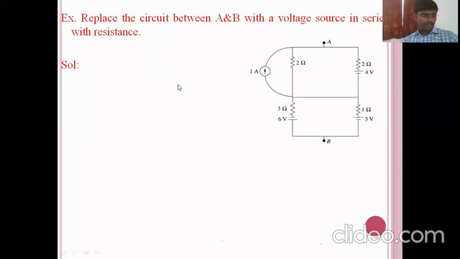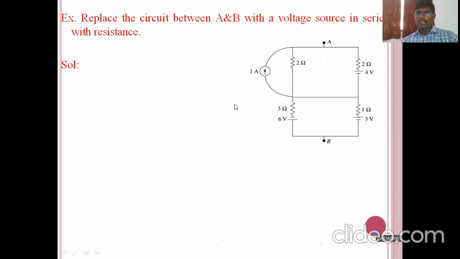However, see here, there are two voltage sources in parallel, and here one current source and one voltage source in parallel. We can combine voltage sources in series, and we can combine current sources in parallel.